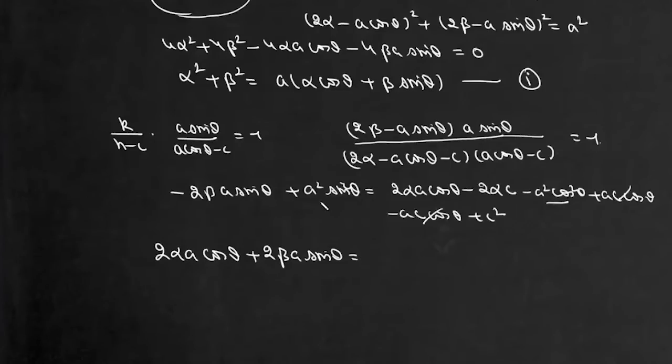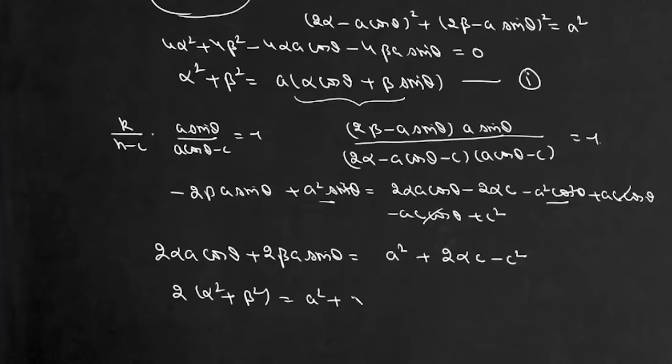Now cos square theta plus sin square theta will be 1, so we get this as A square plus 2 alpha C minus C square. Now alpha A cos theta plus beta A sin theta, it is alpha square plus beta square.